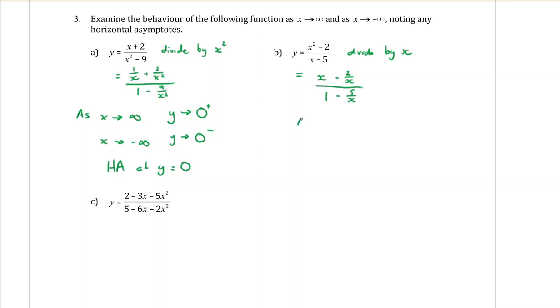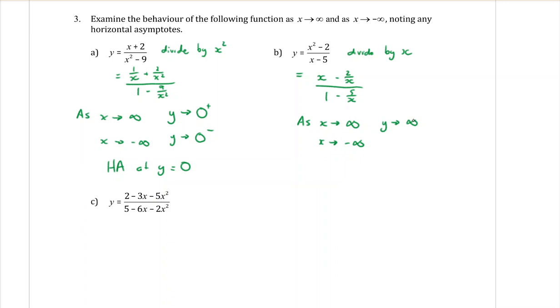Again, as x is approaching infinity and as x is approaching negative infinity, what is going to happen? So at positive infinity, this is 0 and this is 0, but that is infinity. So that's like infinity over 1. So my y value is approaching infinity.